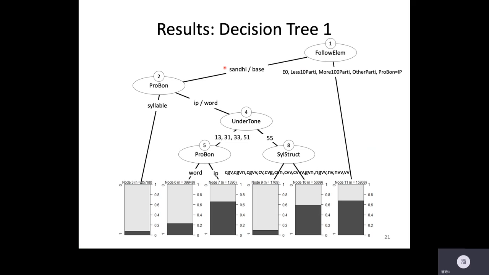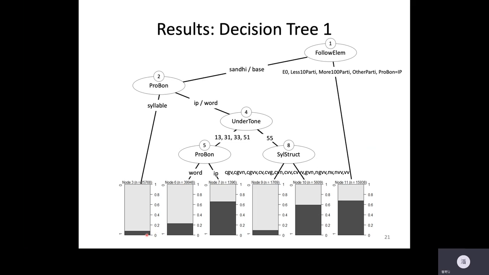The next dominating factor is the prosodic boundary, which can be further divided into two branches, one for the high percentage of Sandhi tones produced before syllable boundary, and the other branch for Sandhi and base tone produced before word and IP boundary.